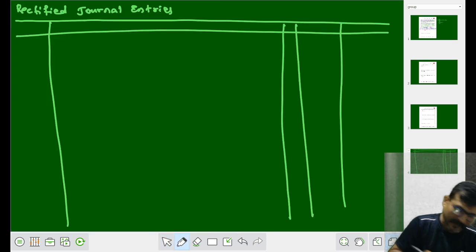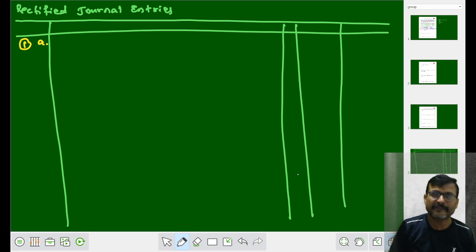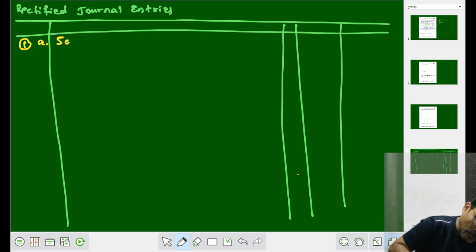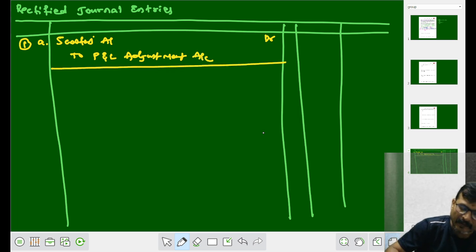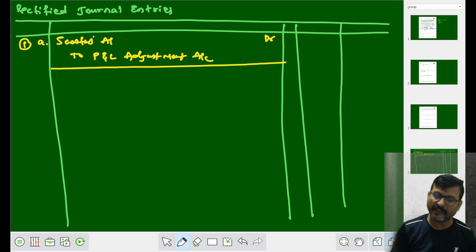That is, in the first point, in the A transaction, what to write? Scooter account debit to what? P&L adjustment account.